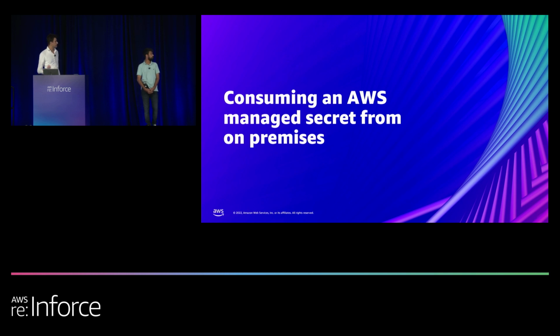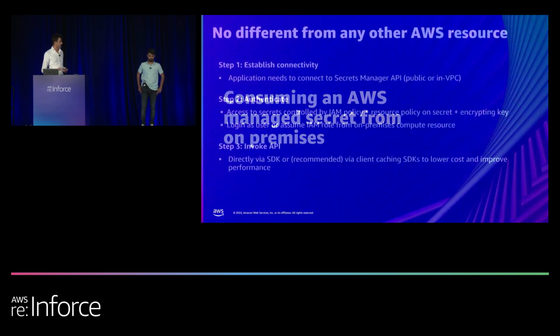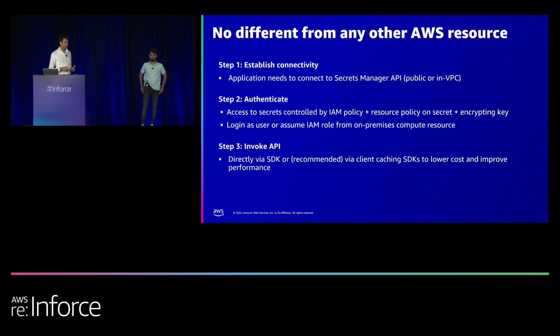This moves us on to consuming AWS managed secrets from on-premises. This is a topic we're going to hit a couple of points on, but first and foremost, the reality is it's no different than any other resource running within your account, within your local AWS VPC. You'd obtain IAM credentials. That could be via access keys or roles, which can be obtained through a couple of different methods.